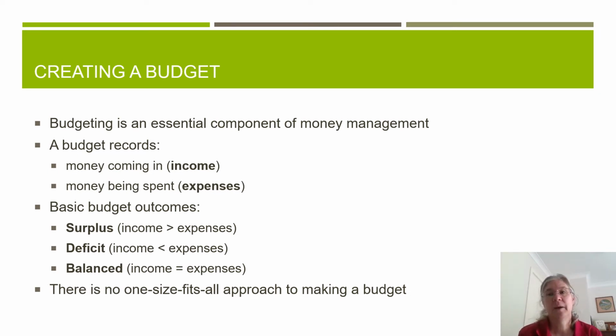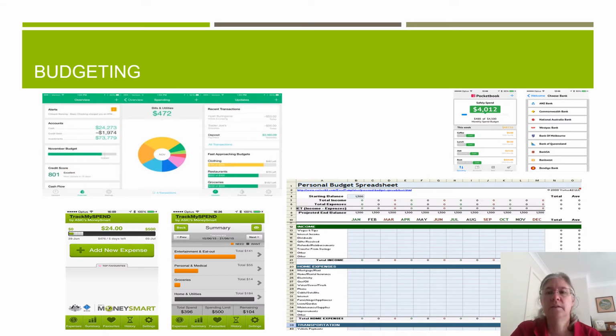So there's no magic bullet or one size fits all approach to making a budget. You might need to try out a few different things to see what works best for you. There are lots of different places you can look for some help. For example, you can look at the Money Smart government website. They've got helpful ideas, and here we can see an app. There are different apps that you can use.